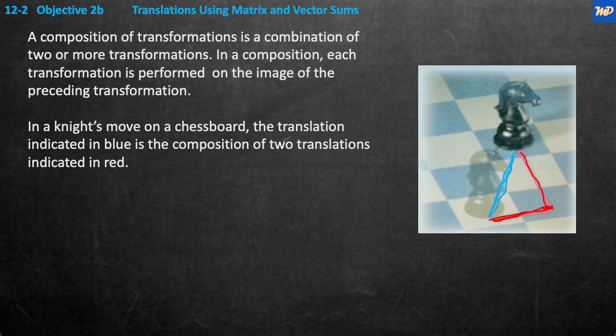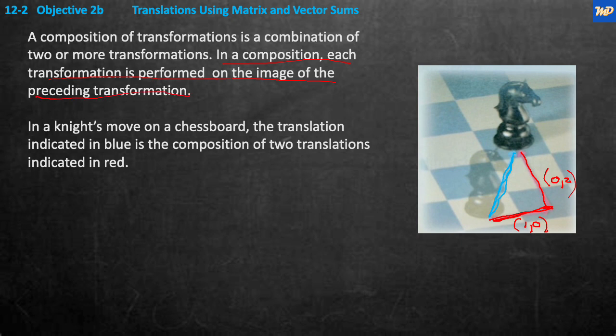This is +1, 0. Here, I'll write that in here. 1, 0. And then this one here is going to be a 0, 2. Okay, that's the moves we have here. And the important thing that they said here, in a composition, each transformation is performed on the image of the preceding transformation.